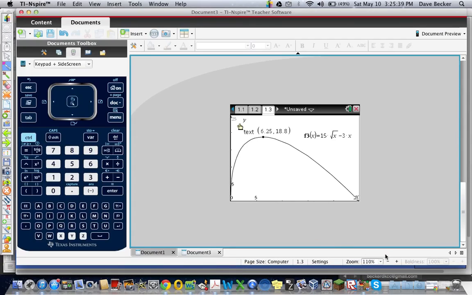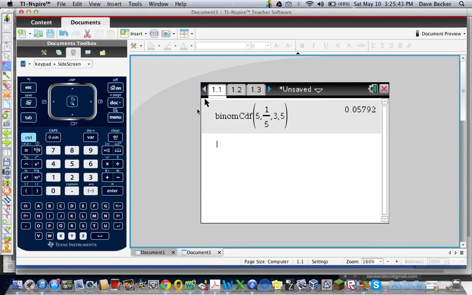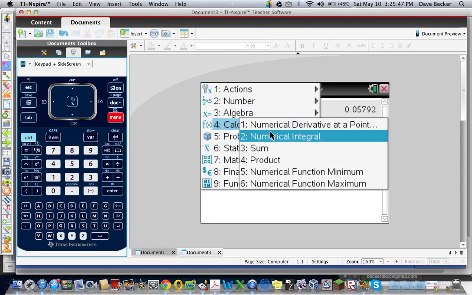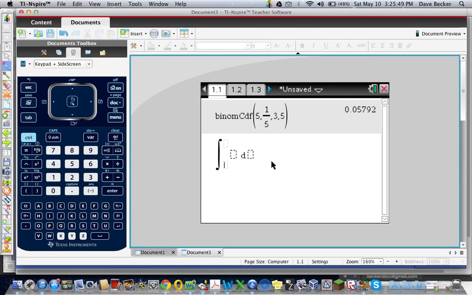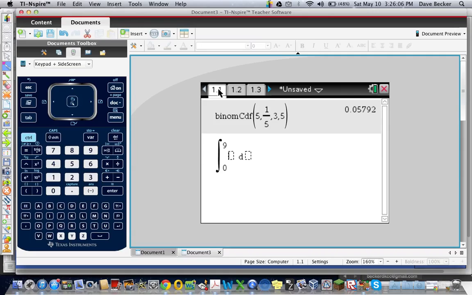So I go to my calculator portion. Let's blow that up again. I'm going to do menu, calculus, numerical integral, 0, 9. And if you have graphed it, you don't have to type in the function. Which one? It's F3. If you already graphed this, if you type in F3(x), you don't have to retype that thing.